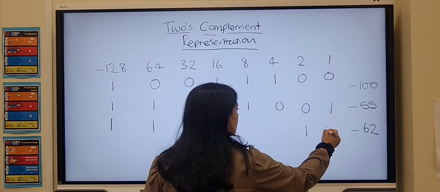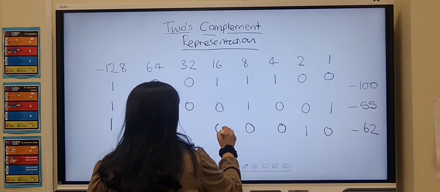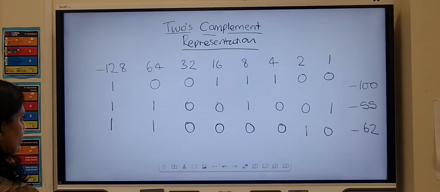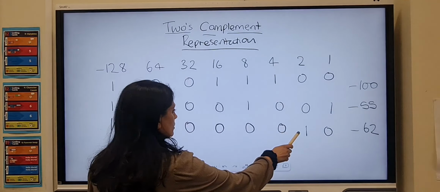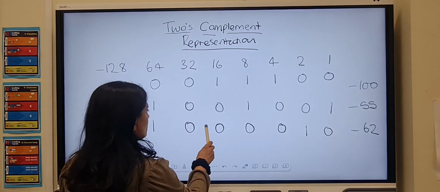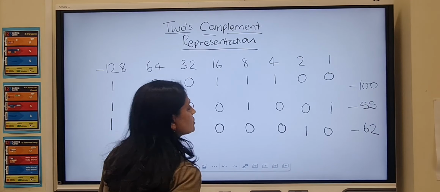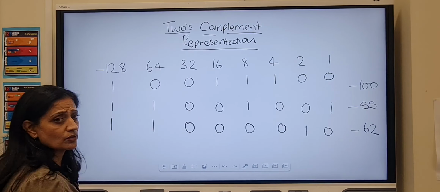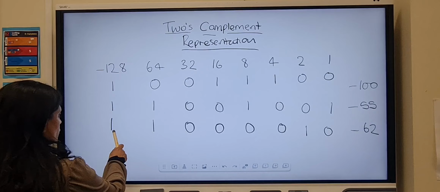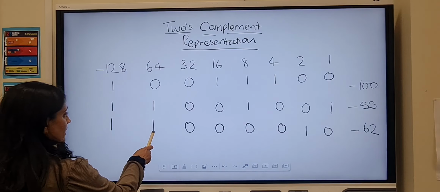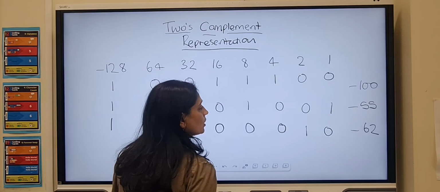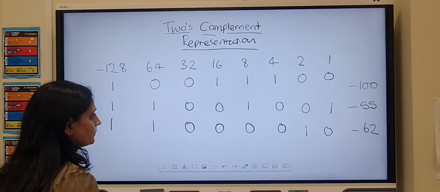So place the 1 there, and all the rest are zeros. So 1 1 0 0 0 0 1 0 gives you minus 62. Again, check that on the calculator if you're not 100% sure: minus 128 plus 64 plus 2 will give you minus 62.